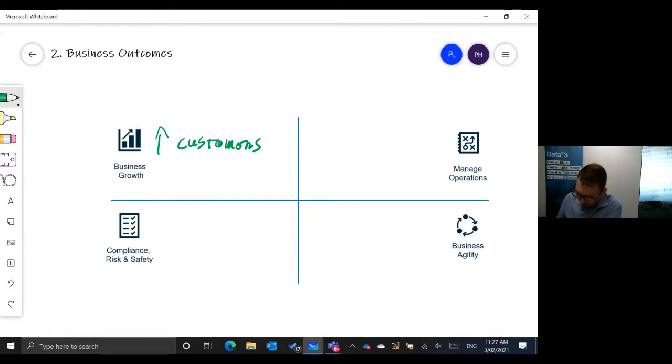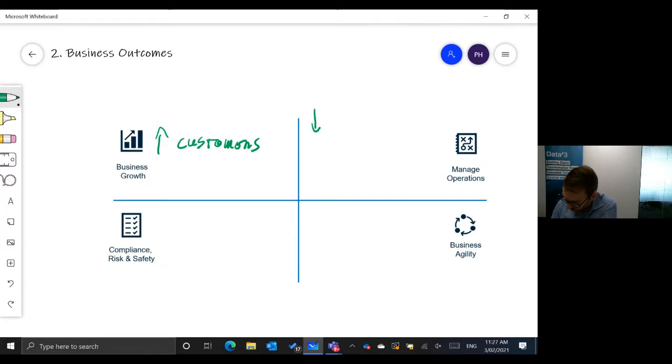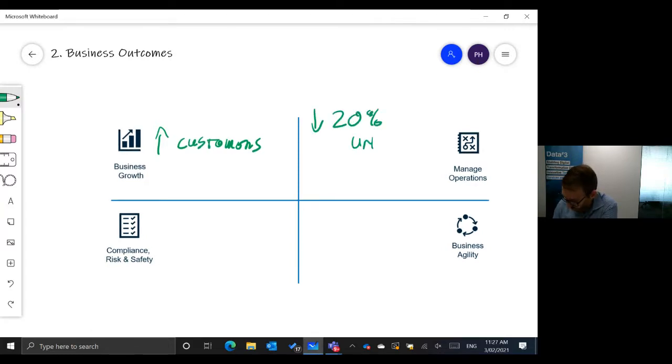We might have a target to say a reduction of 20% of unplanned outages might be an operational objective, and it's good to be specific here too. So we can start thinking about how we measure that, what it is now, and then how we can improve it, and know where, say, IT systems might be as part of that.